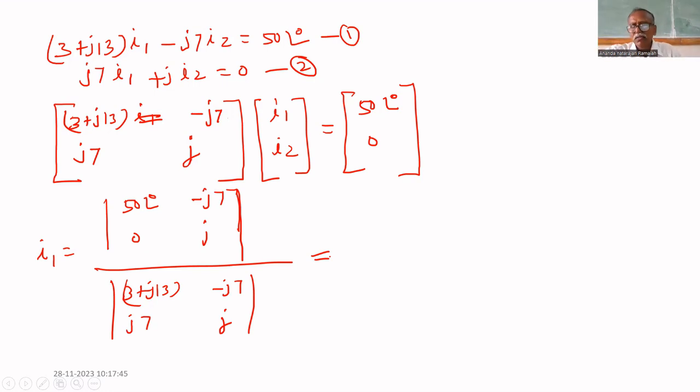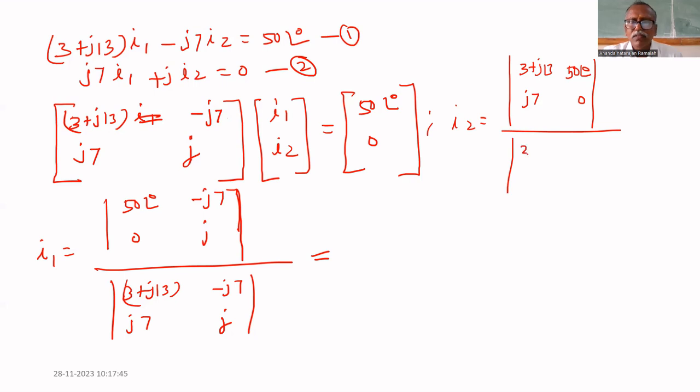Similarly, I2 equals the determinant of [3 plus J13, 50 angle 0; J7, 0] divided by the same denominator. Find I1, I2.